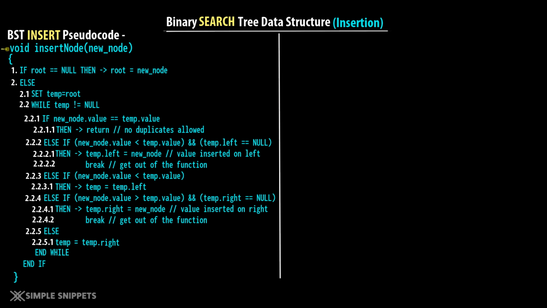Okay, so this is the first line, which is void insert node, which is basically the function name. So insert node is the function name, and we are passing a new node inside this. So a new node will be passed in the insert node and it will get inserted at the bottom in the binary search tree. So that's how the function prototype looks. Now do note that this is not the exact syntax of any particular programming language. This is just a pseudocode.